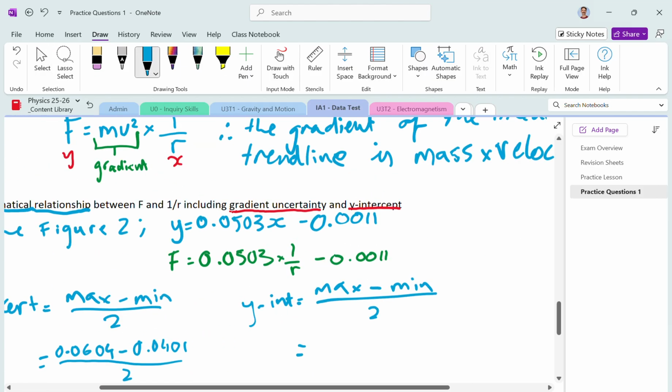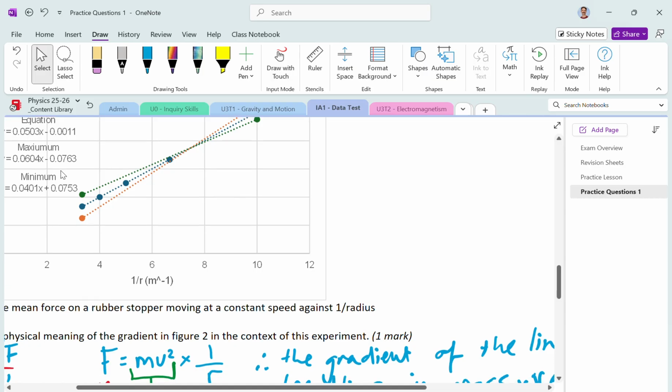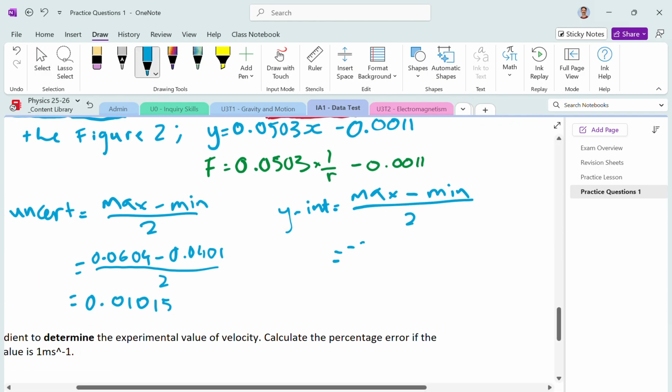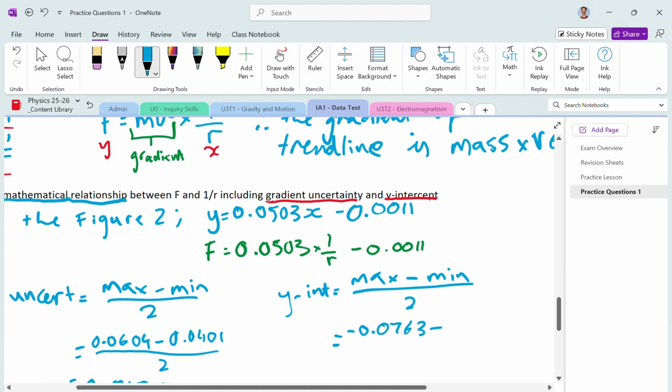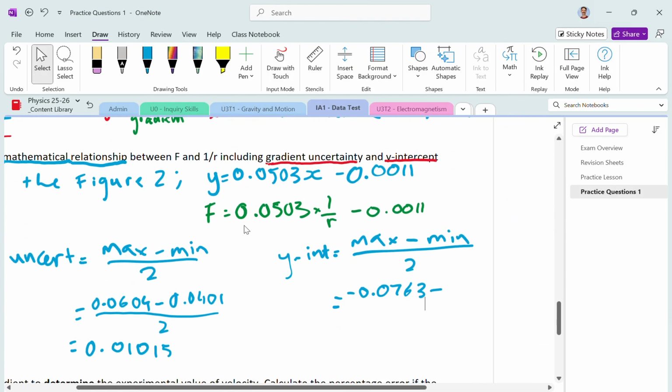All right, so the maximum is the negative value, so we do want to bring this negative value in. Negative 0.0763 minus our positive value of 0.0753, divided by 2.